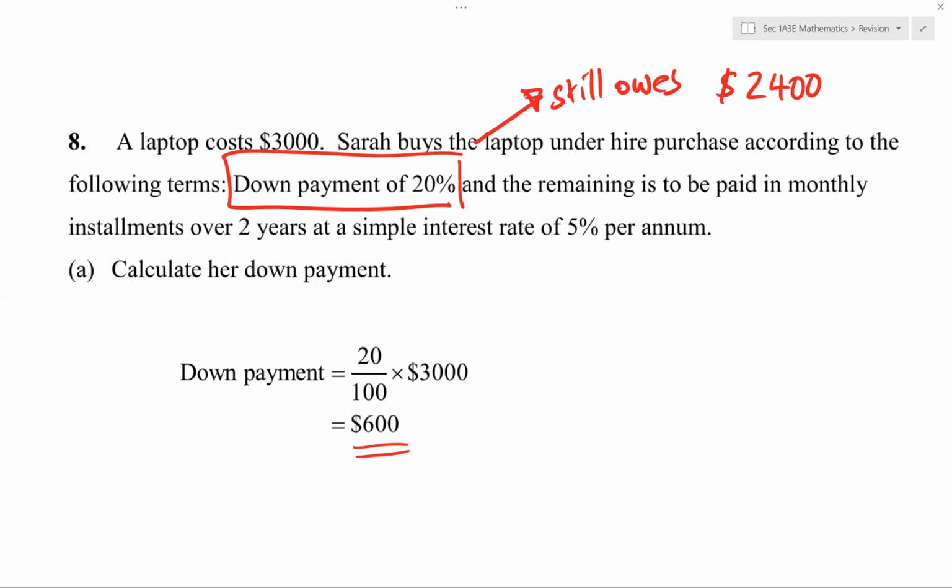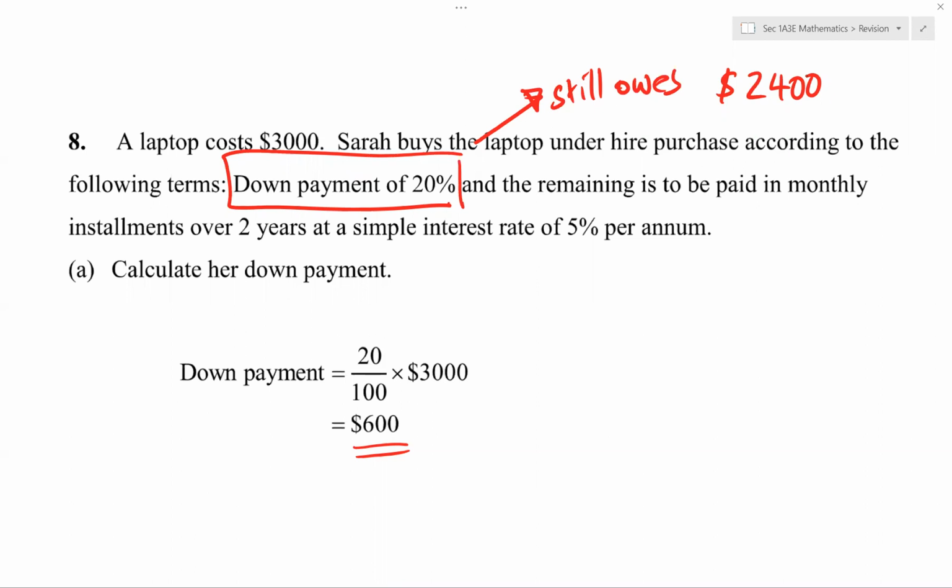However, there's a catch. You're going to pay me interest every month, such that at the end of the total 2 years, the amount that Sarah forks out to pay for the laptop is going to be more than $3,000.